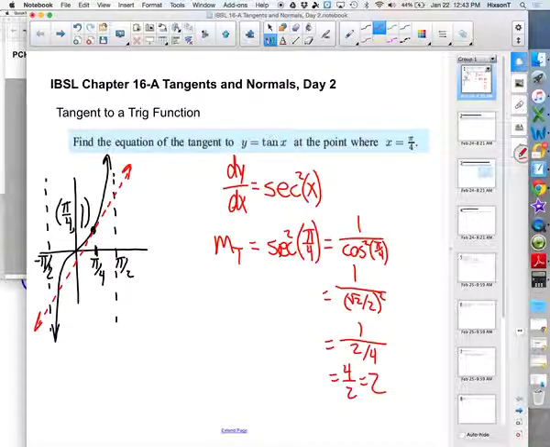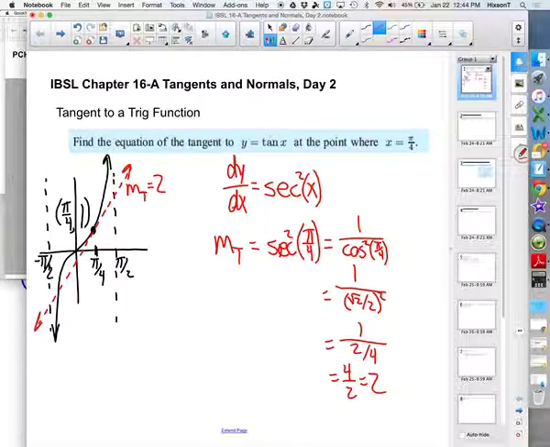So I know my slope is 2. And if you can visualize it like we did here, this makes sense. It makes sense that our slope is positive.